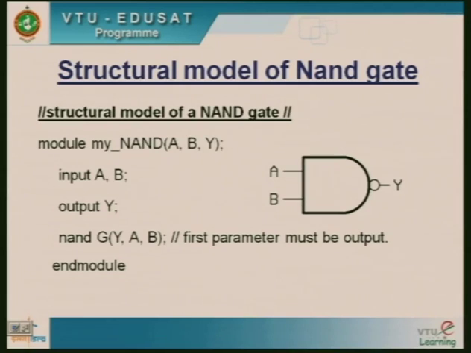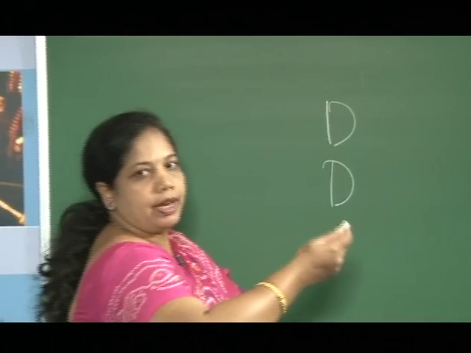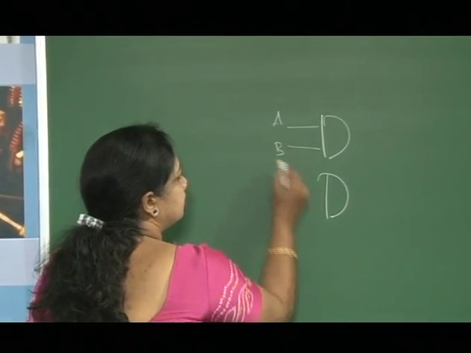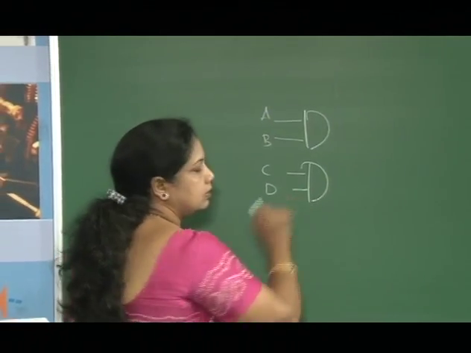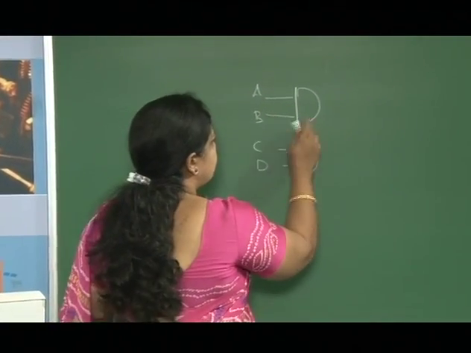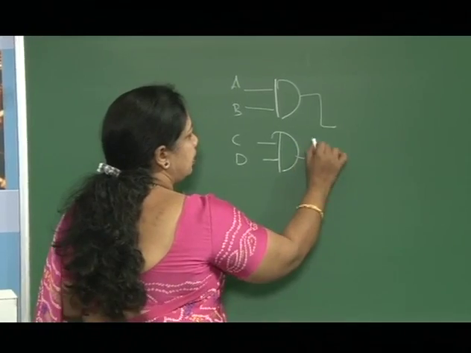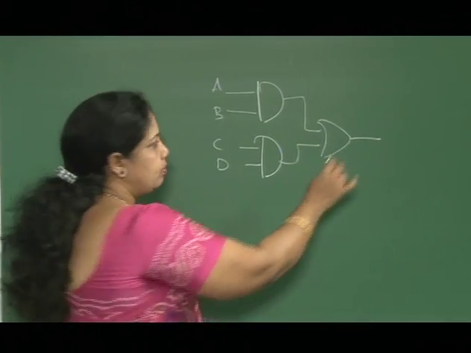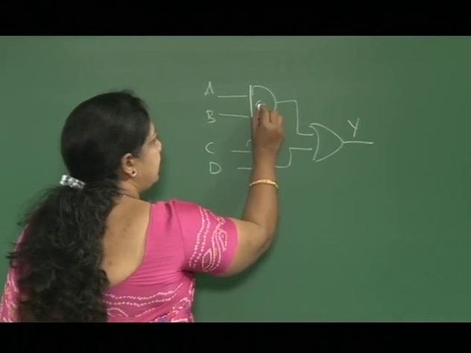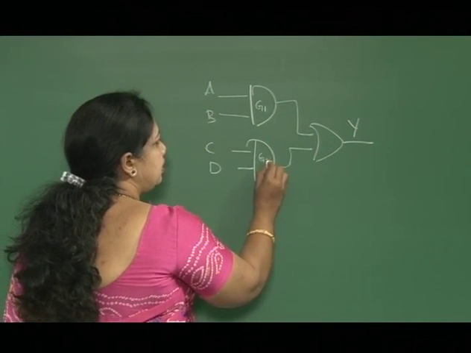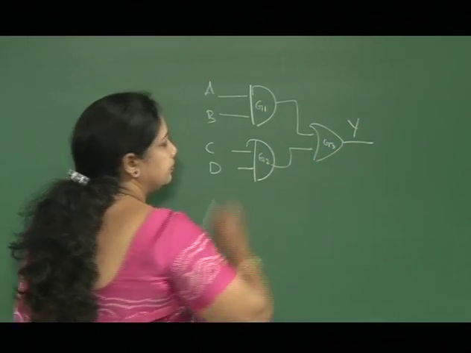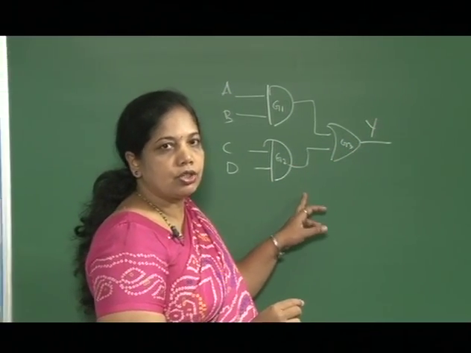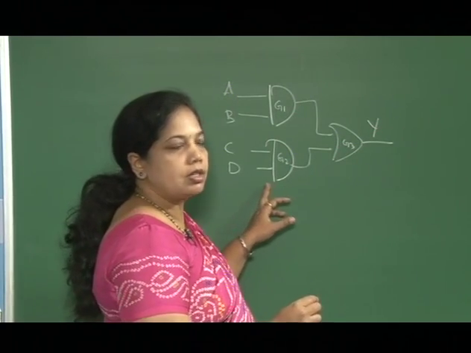Say I have two gates with two variables each, and there is an OR gate at the output side. I will treat these as G1, G2, G3. How do I write a structural model for this particular logic circuit?